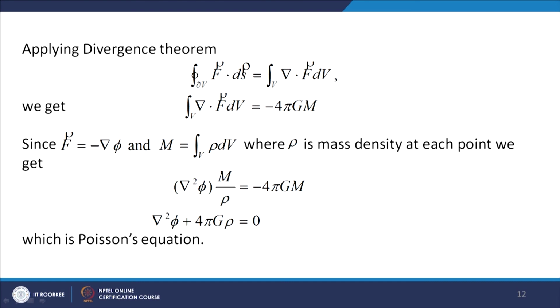Now, F is equal to minus grad phi, and m is equal to the integral over B of rho dV, where rho is the mass density at each point.